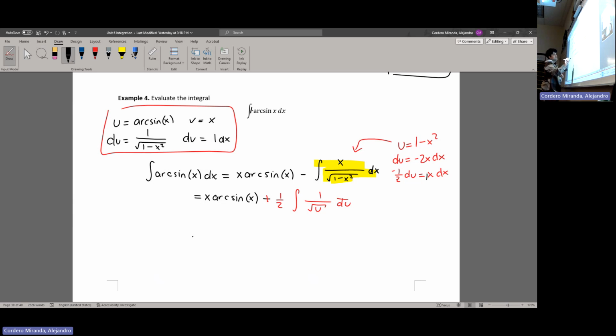Okay, and now it follows the power rule.